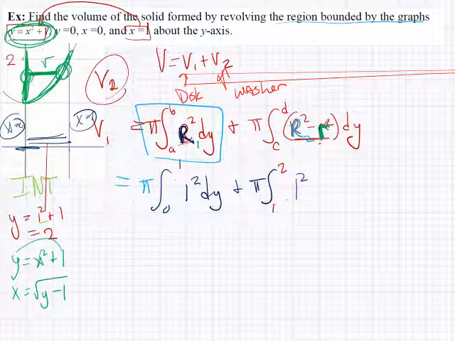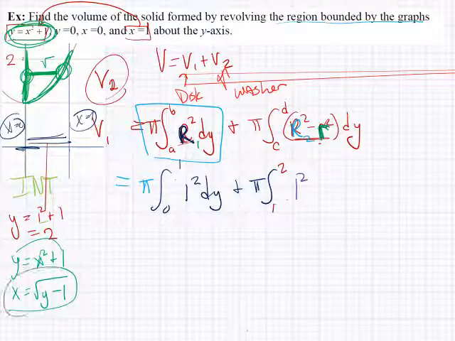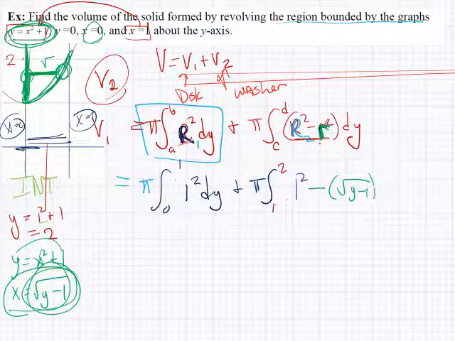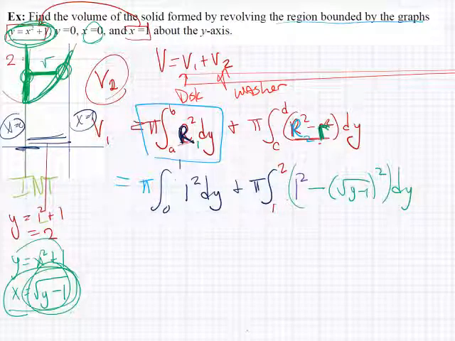Okay, so I'm going to have to do that minus x equals 0, which is the y-axis. So ultimately I just get this. And then I'm going to integrate that with respect to y. All right, so now I'm all set up. Pretty easy integrals to do once I get this set up.